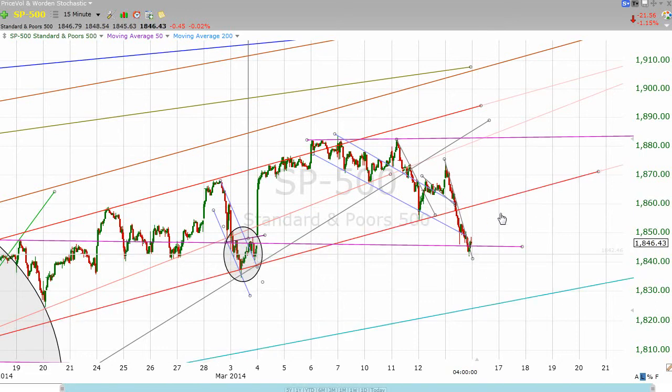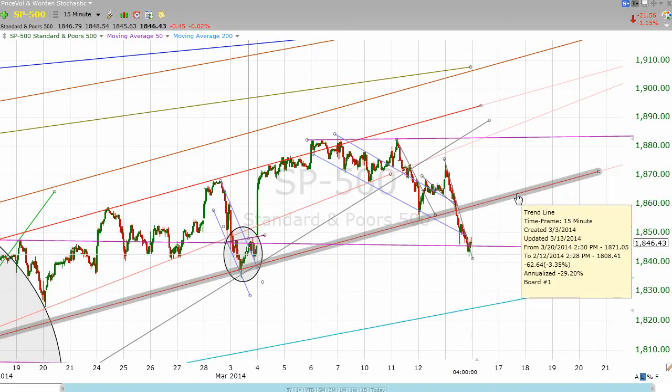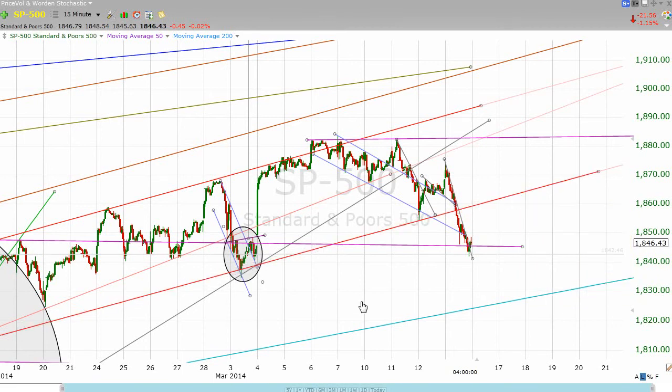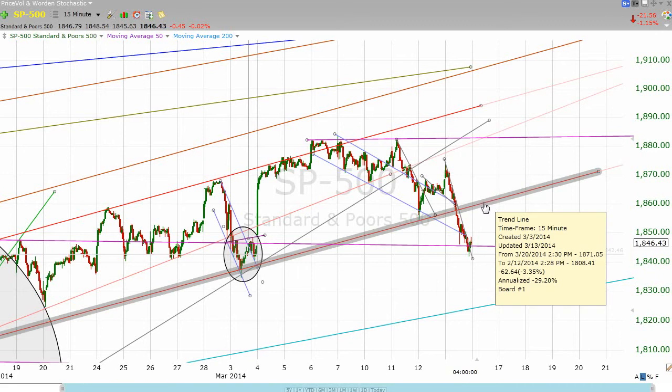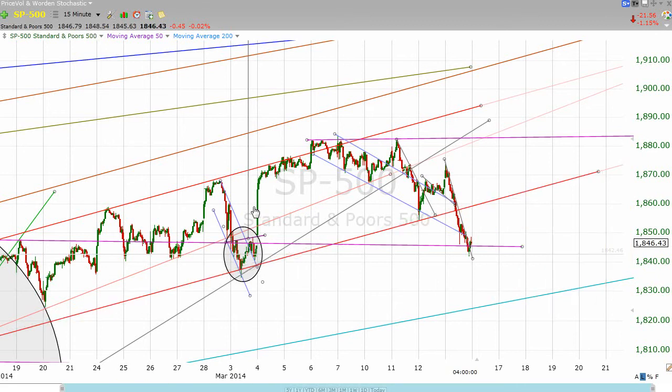So I would say this line has probably now been flipped, meaning what used to be support probably now will be resistance, unless we see another one of those days where something that spooked the market just kind of vanishes, and then we wake up tomorrow morning and the next thing you know we're doing what we did back here. I don't have any reason to believe that, but we've all seen that happen.